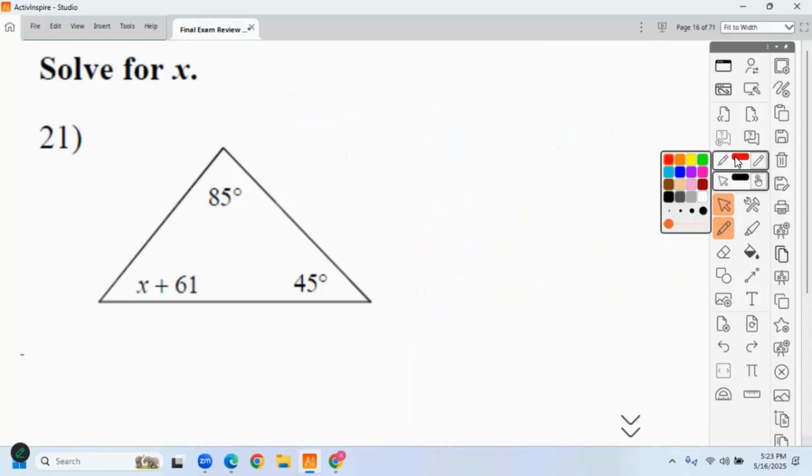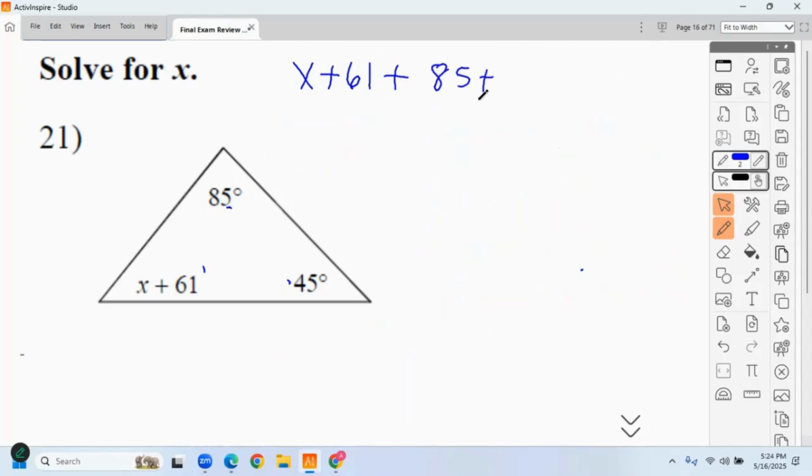Oh, let's see what we got here. Now, remember the sum of the angles of a triangle add together to give you 180. So let's just go ahead and take a look at what we're dealing with here. Okay, let's just line these guys up. 85. This will be 45. This will be 180.